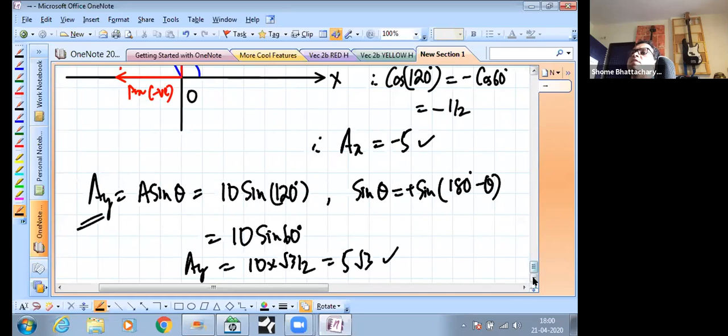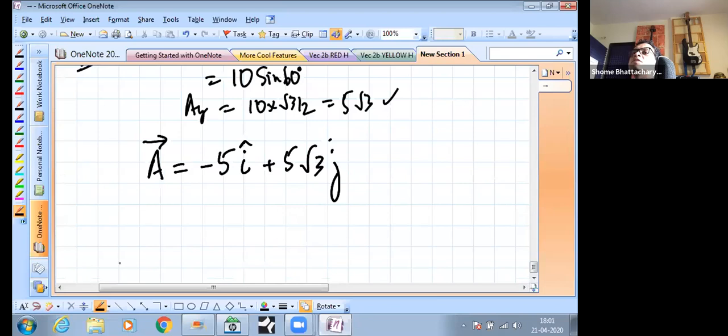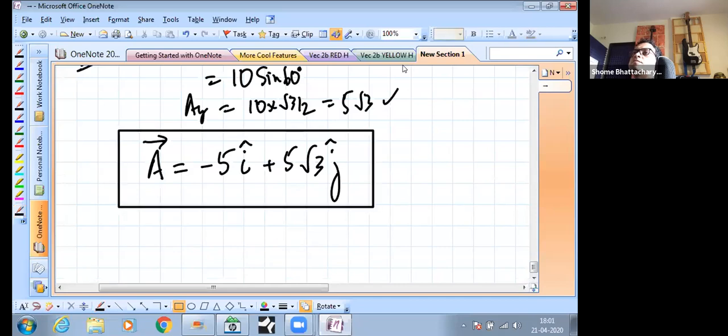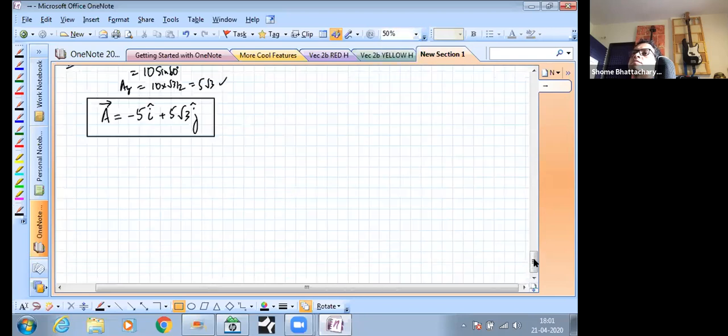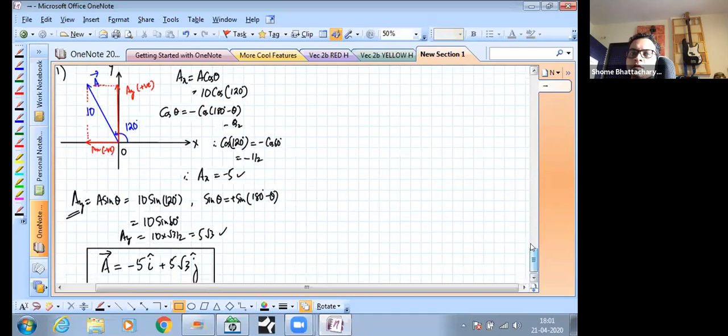So my vector A in component form now becomes like this. You'll see this equation is in principle giving you the same information that my diagram had given. Okay, people. So this is the complete description of this particular question.